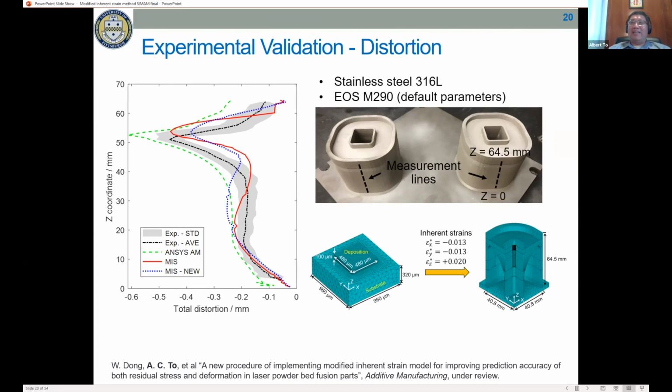For the reason that I mentioned, when we implement the 2 temperature model, usually the displacement gets a little bit underestimated, but we improve the stress estimation substantially. That's the expense that we pay, but maybe we're still trying to look into how this distortion underestimation can be improved in the future.